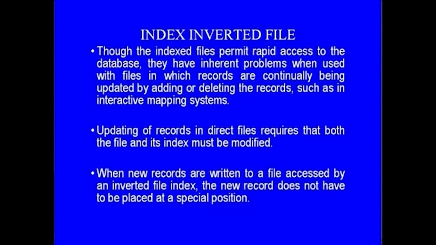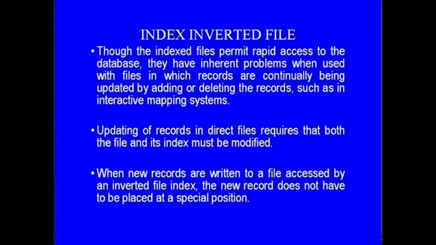Though index files permit rapid access to the database, they have inherent problems when used with files in which records are continuously being updated by adding or deleting records, such as in an interactive mapping system. Updating of records in direct files requires that both the file and its index be modified.